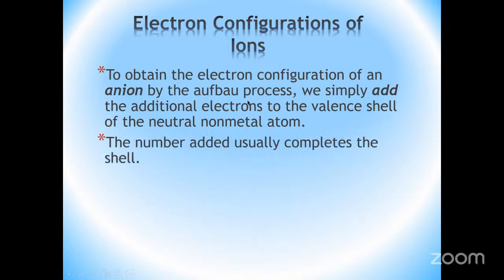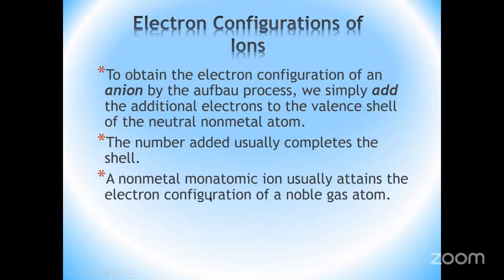Now, let's deal with anions firstly. To obtain the electron configuration of an anion, all you have to do is simply add electrons according to the Aufbau principle. What you'll find, especially when it comes to the group 8 elements, is that adding electrons usually completes the shell. In other words, the shell would be full as a result.